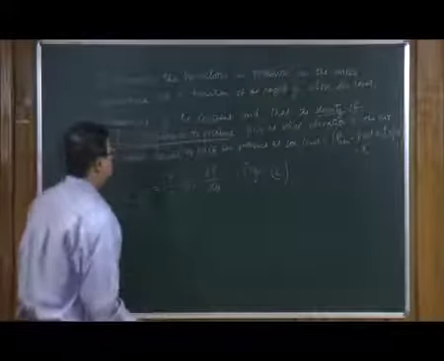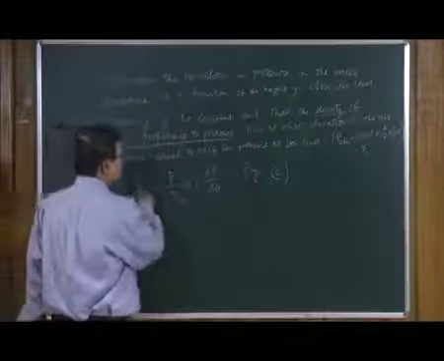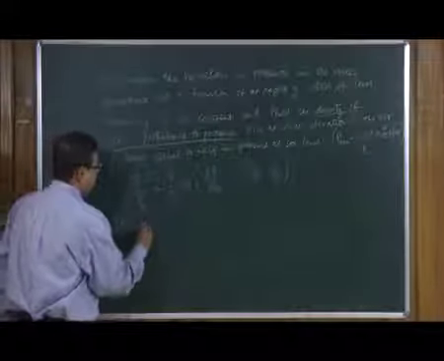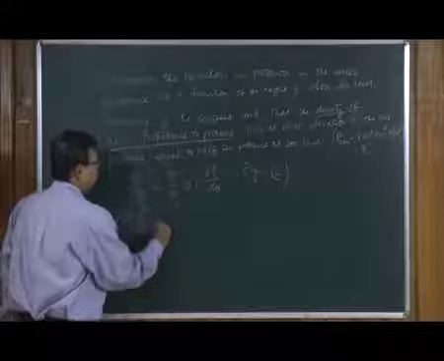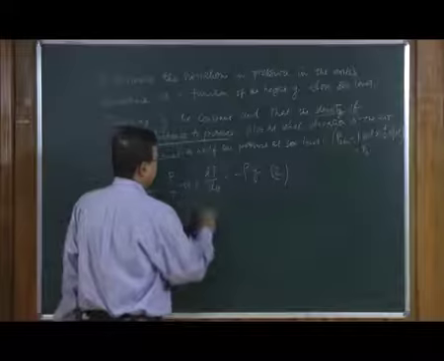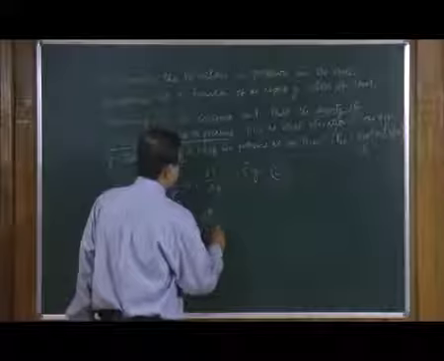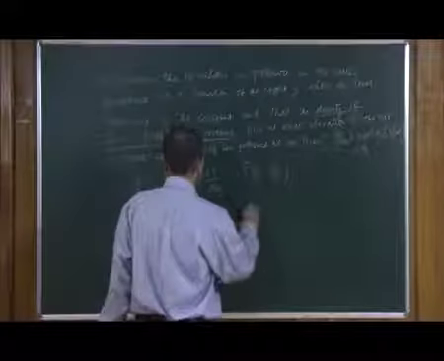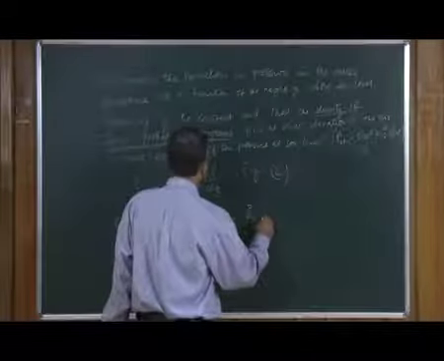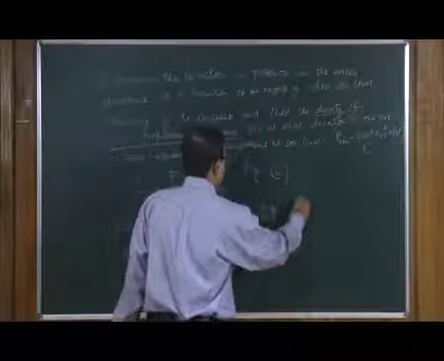So, I will take rho from equation 1 and put it into 2. Rho from equation 1 comes out to be P over P 0 into rho 0. So, putting it in equation 2, dP dy is equal to minus P over P 0 multiplied by rho 0 and g. Let us call this equation 3.